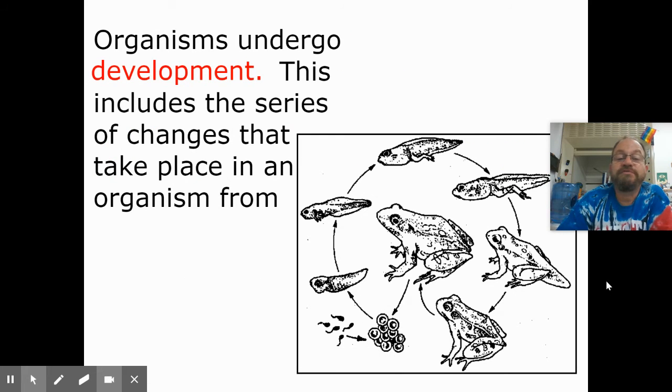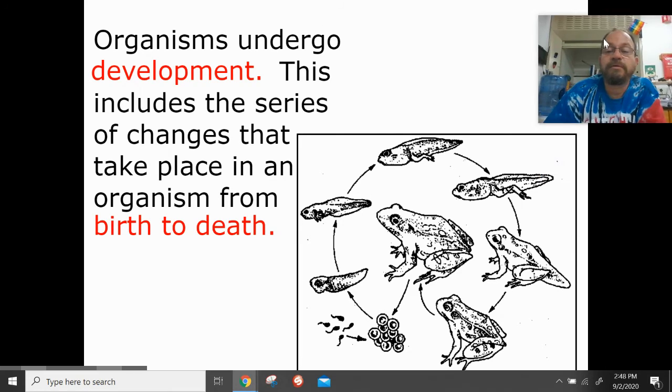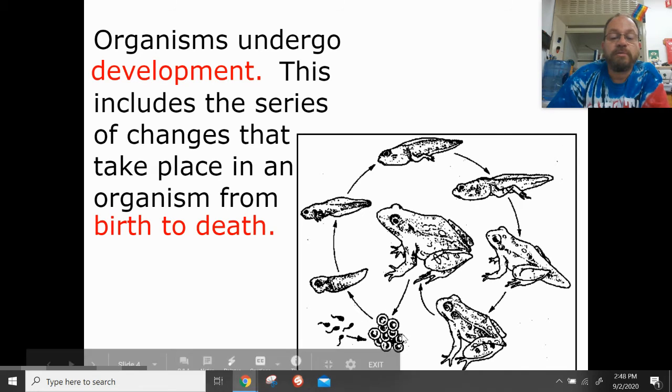We all undergo development. There are changes that take place in organisms from the time they're born to when they die. We develop through time. There are different changes throughout our lifespan, different phases to our life cycle. You can see in the diagram here, we've got the sperm and the egg.